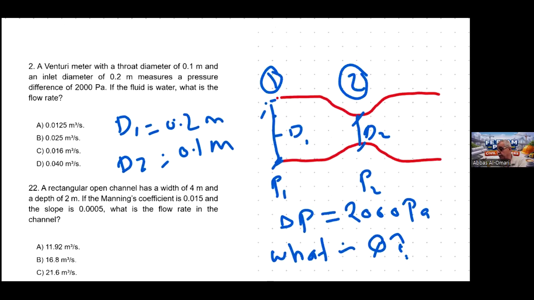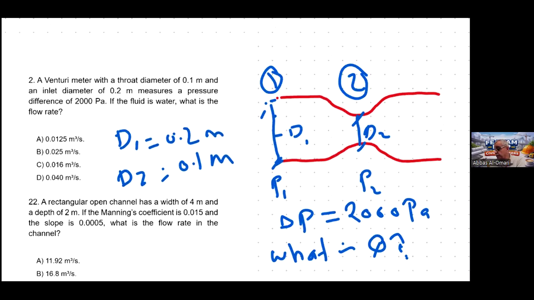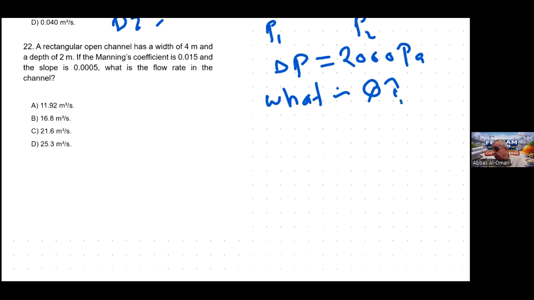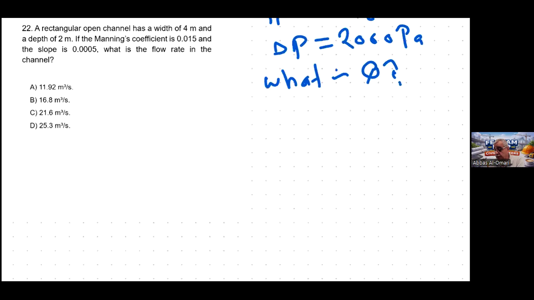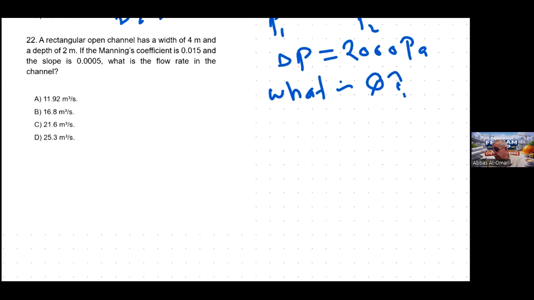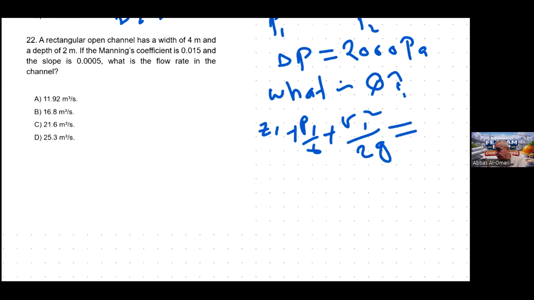So we have Z1 plus P1 over gamma plus V1 square over 2G equals Z2 plus P2 over gamma plus V2 square over 2G. So this is the Bernoulli equation.